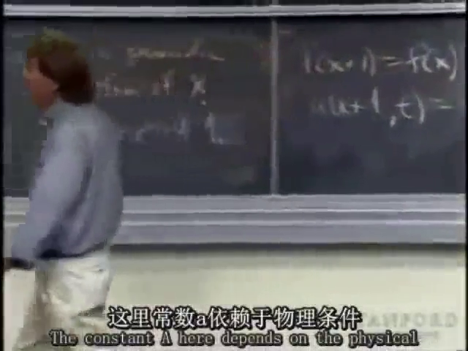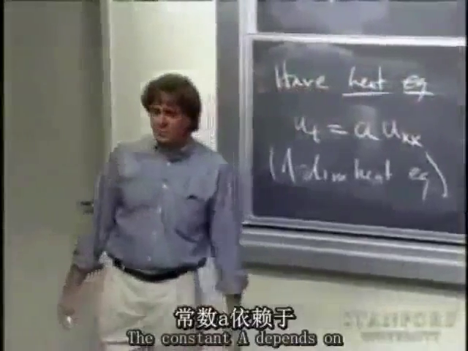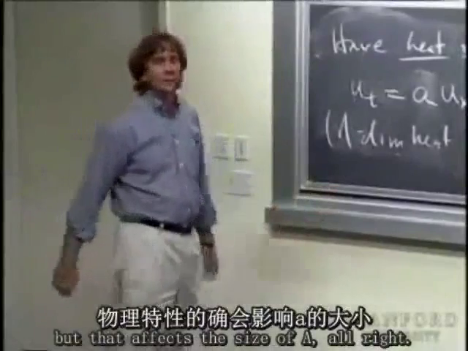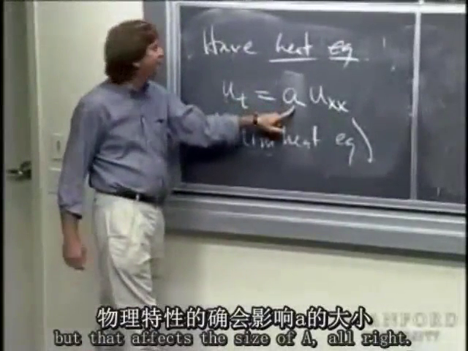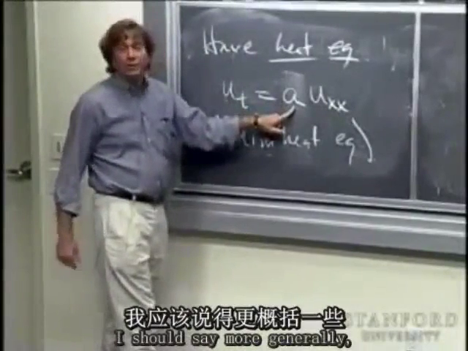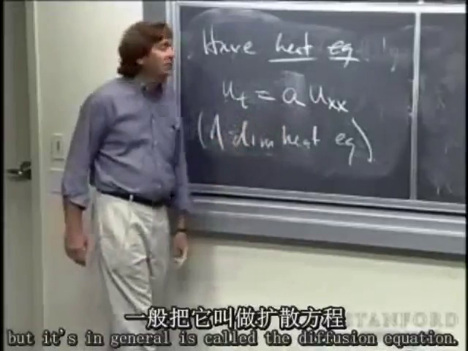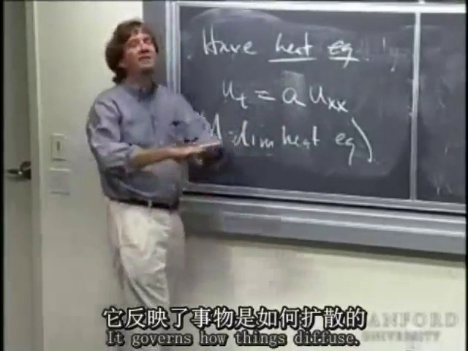The constant A depends on the physical characteristics of the region, which no one wants to talk much about, but that affects the size of A. I should say more generally, this equation governs not just the flow of heat, it's called the diffusion equation. It governs how things diffuse.